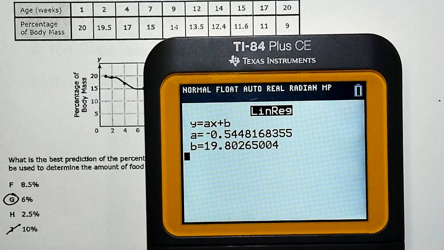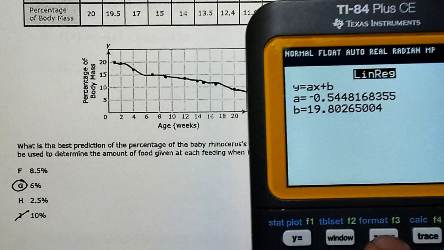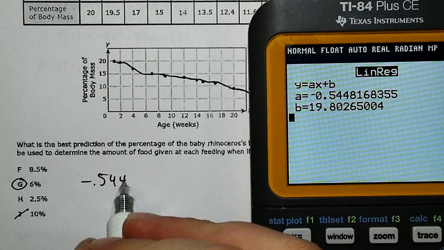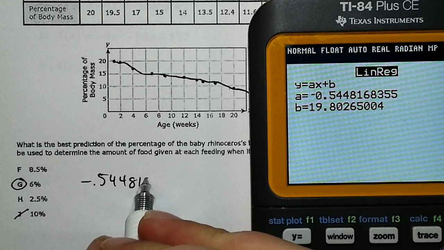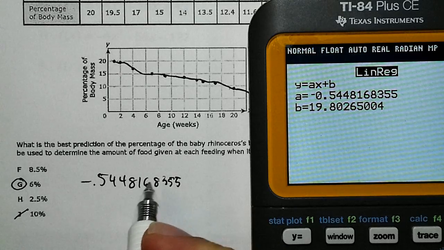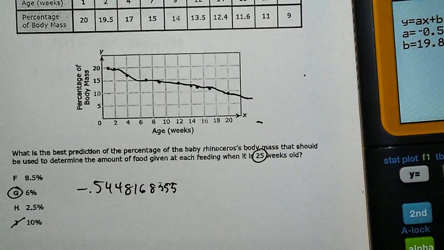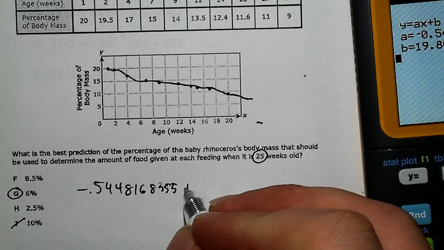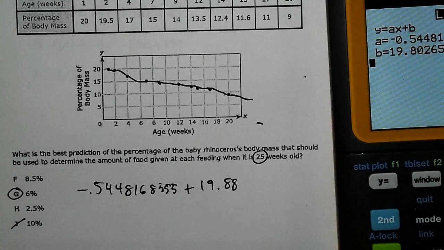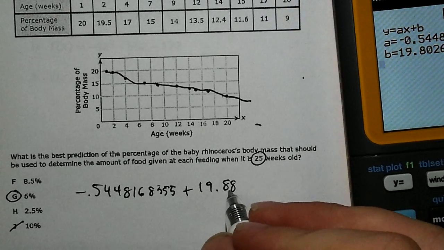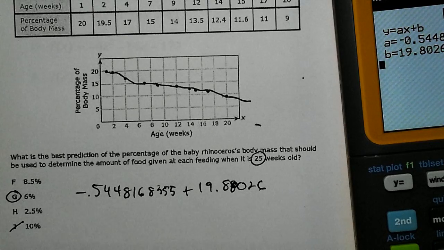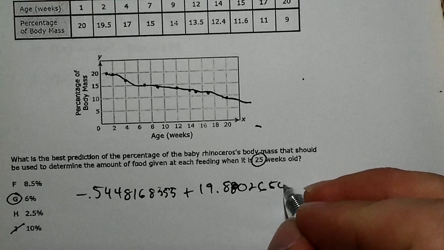So this was what it gave me: negative 0.544816835, and we're going to add 8.026 5004.